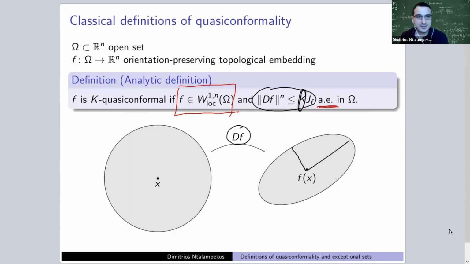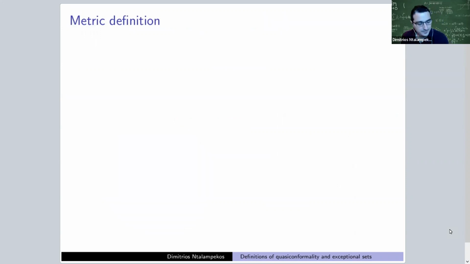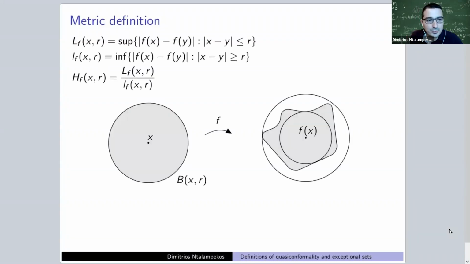Now, let's see another classical definition of quasiconformality, which is equivalent to this one. This is the so-called metric definition. According to the metric definition, we first have to introduce some notions. Let me just explain these notions by the picture. We take a ball centered at x of radius r, and we take the image of the ball.